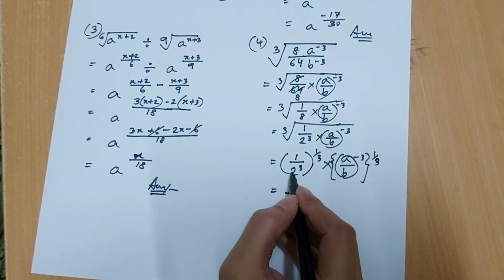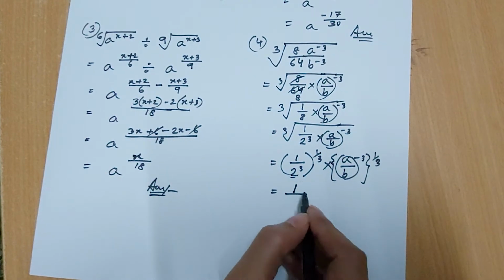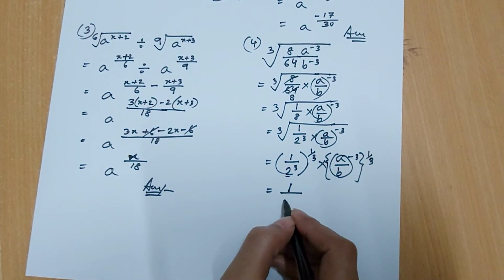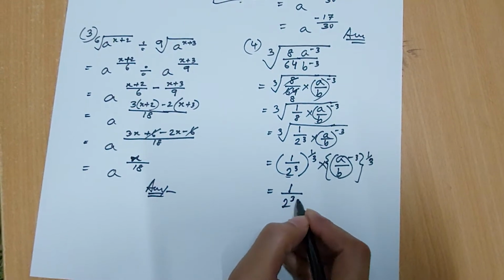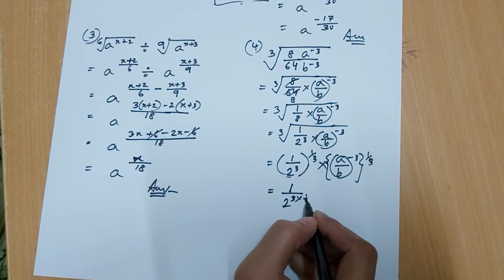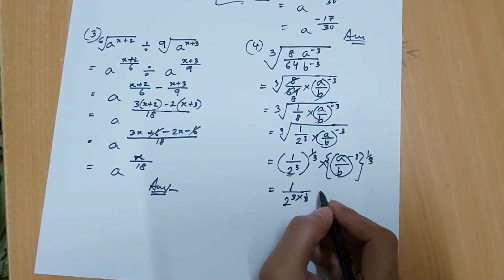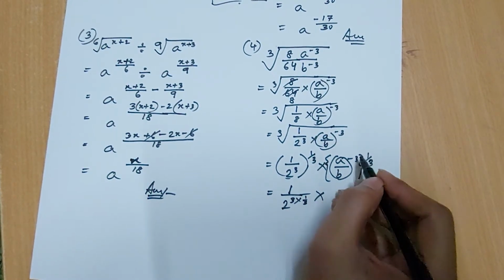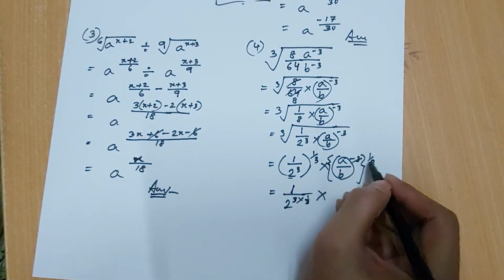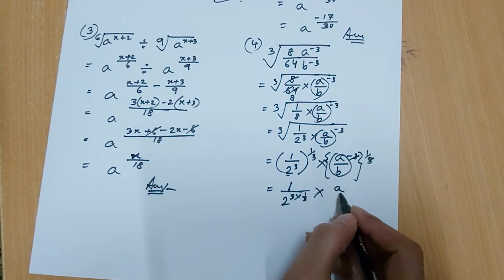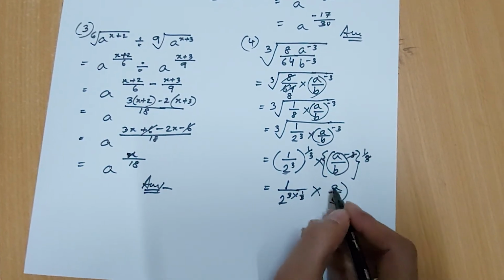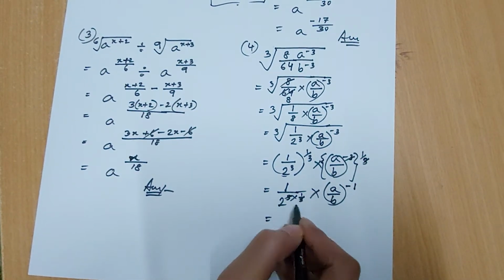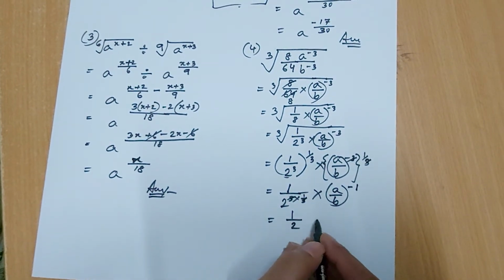And now 2 cube, 3 and 3, 2 cube into 1 by 3, into, here if I multiply them, gone, so a by b whole power negative 1, and now 3 that is 1 by 2.